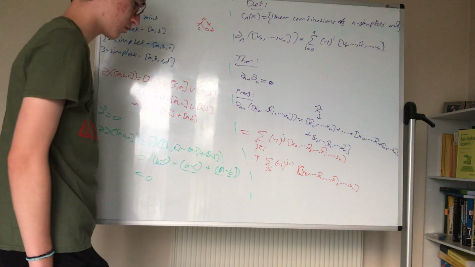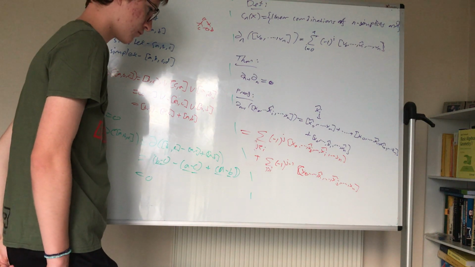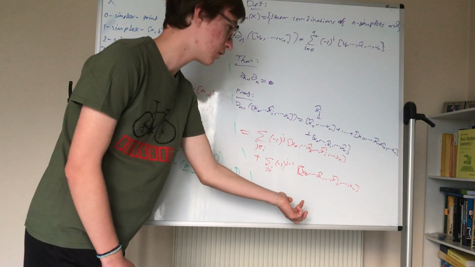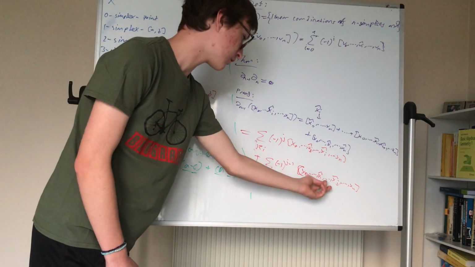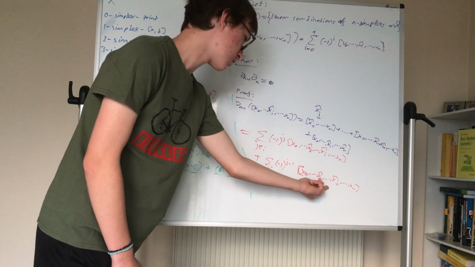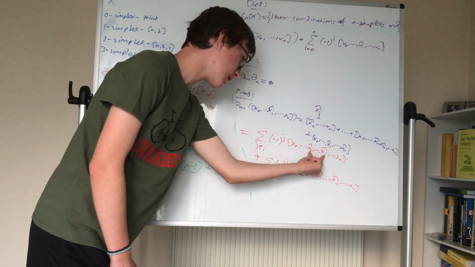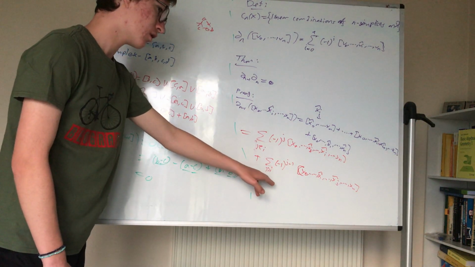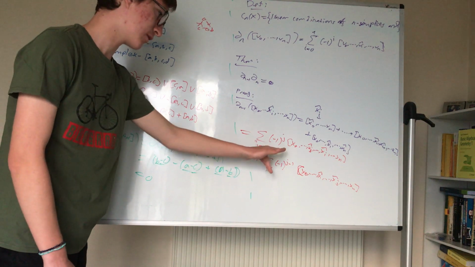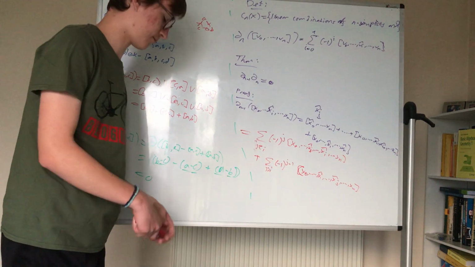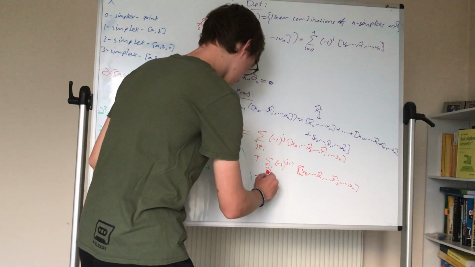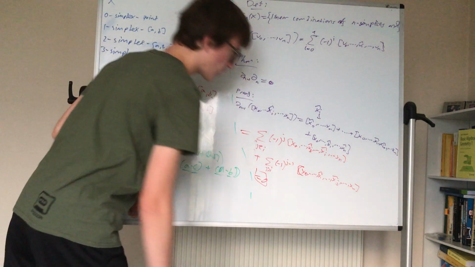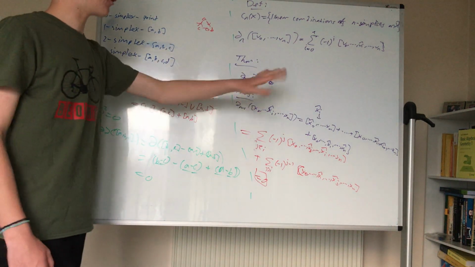Flipping these two is multiplying by minus 1. And so when we flip these two, we get this right here, and we're multiplying by the minus 1 to get this. And so if we multiply by minus 1 again, we literally just get this minus itself, so we get 0. And that, of course, completes the proof. So the boundary operator does indeed square to 0 for all n.